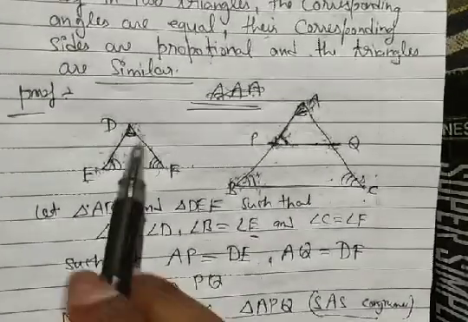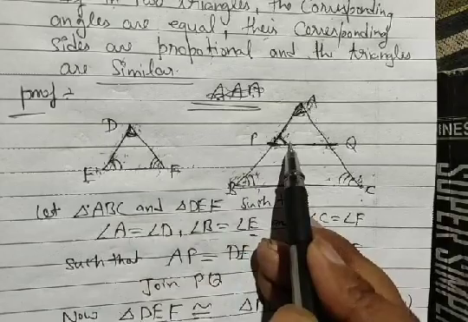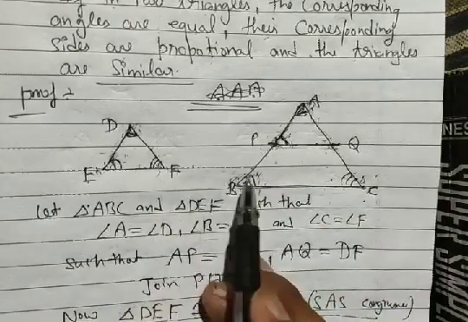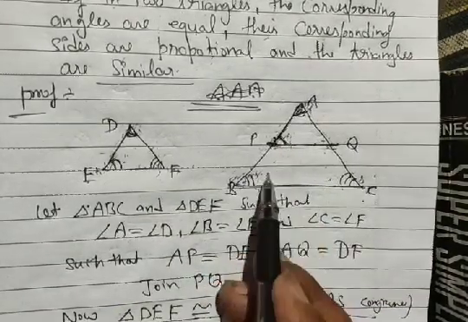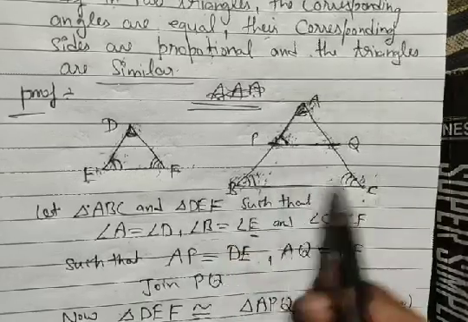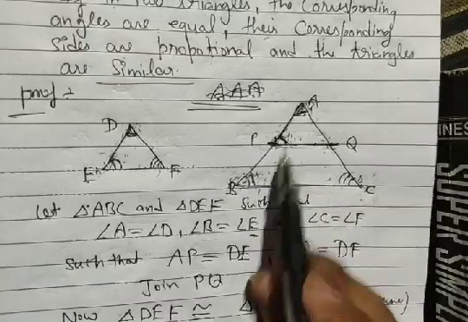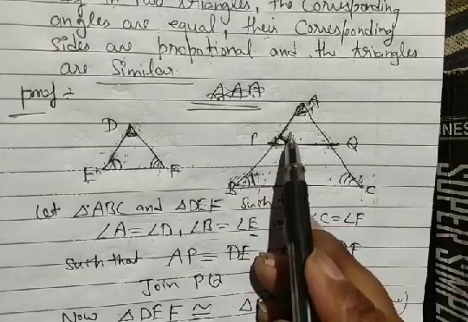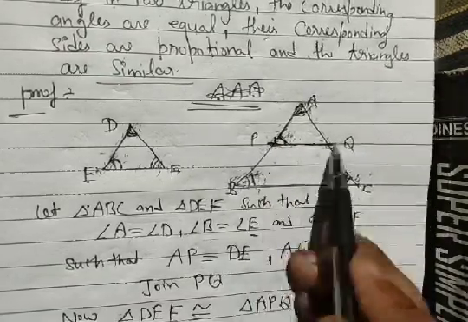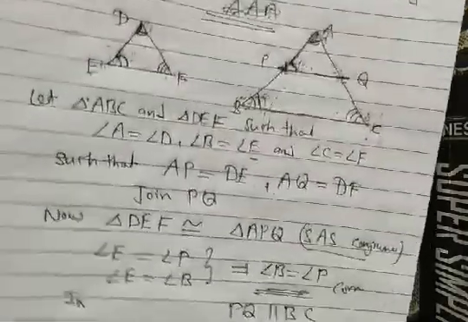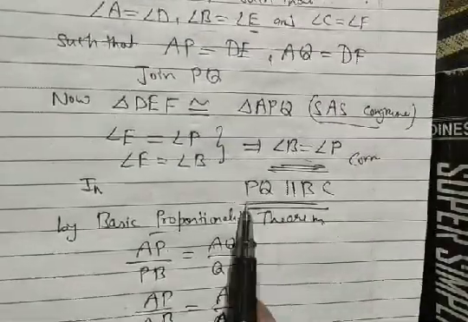When our triangles are congruent, then angle E is equal to angle P. But it is given that angle E is equal to angle B, so angle B and angle P are both equal. These are corresponding angles. When the corresponding angles are equal, PQ is parallel to BC. We showed that PQ is parallel to BC.